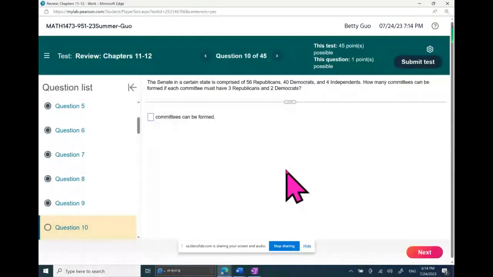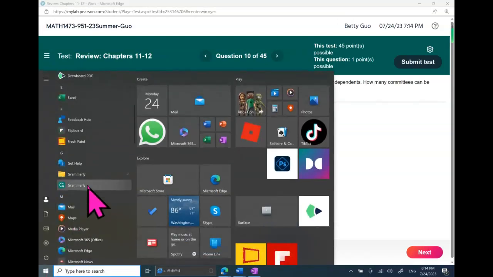Okay, next question. Number 10. The Senate in a certain state is comprised of 56 Republicans, 40 Democrats, and 4 independents. How many committees can be formed if each committee must have 3 Republicans and 2 Democrats? This question is basically the same as the earlier one.